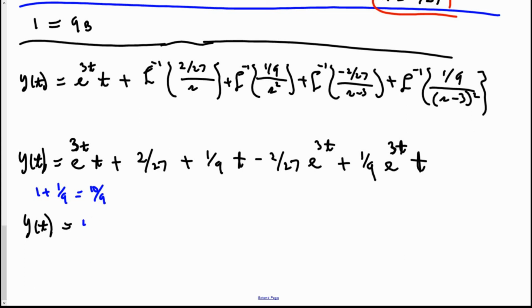So our answer is 10 over 9 times t times e to the 3t plus 2 over 27 plus 1 over 9 t minus 2 over 27 times e to the 3t.